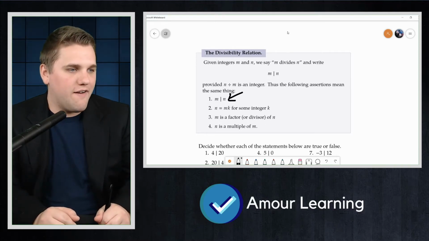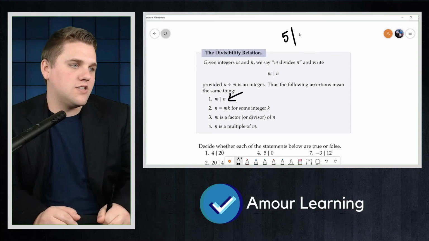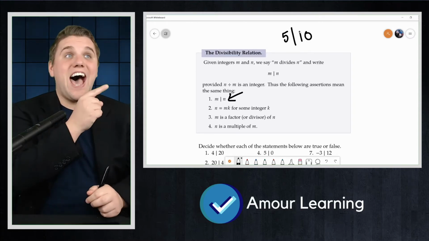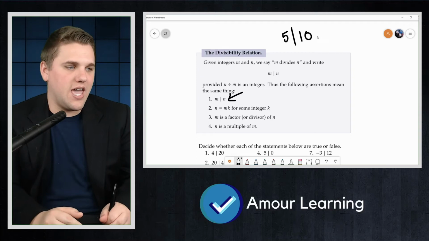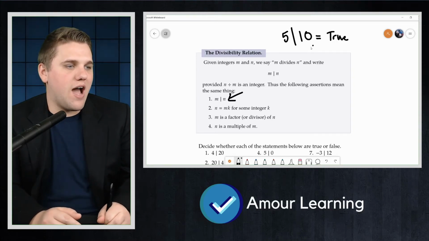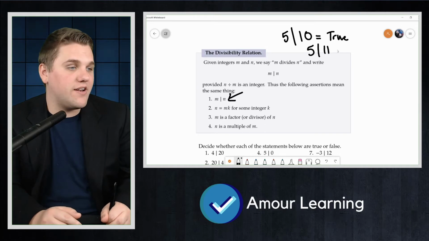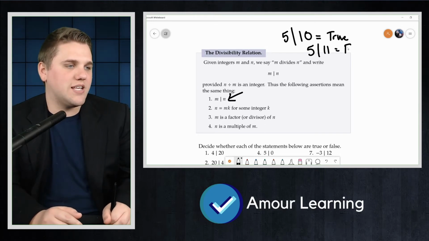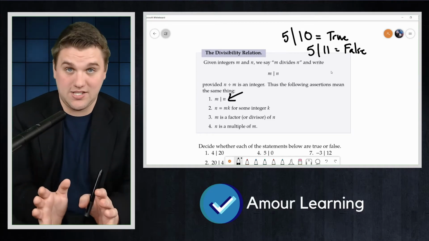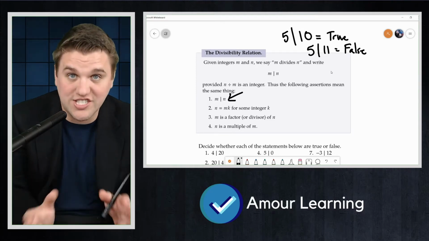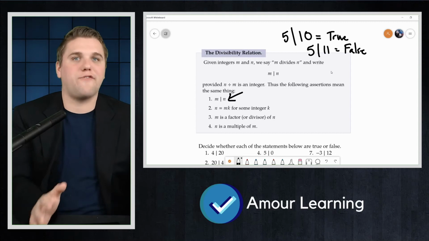So if I write 5 divides 10, that is the same thing as saying true. But if I write 5 divides 11, that's the same thing as saying false. These are statements. They're not operations. There's a huge difference between the two.